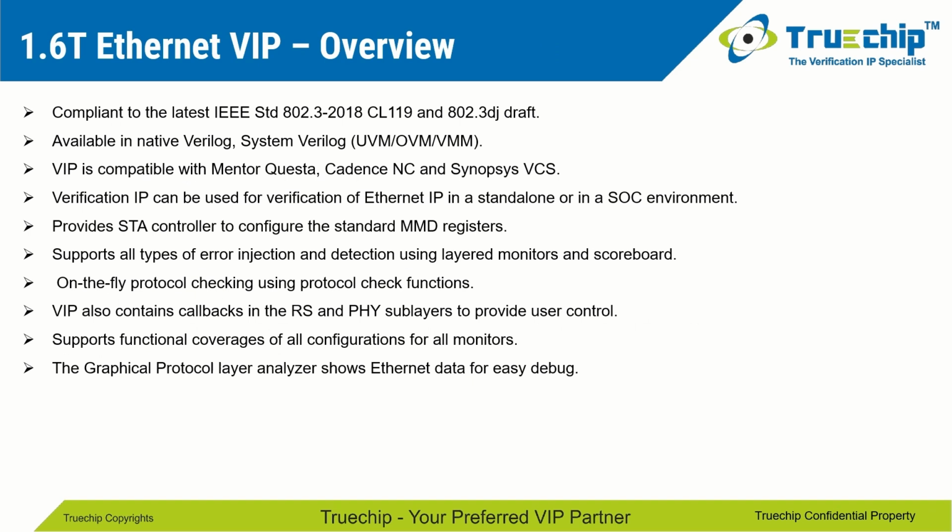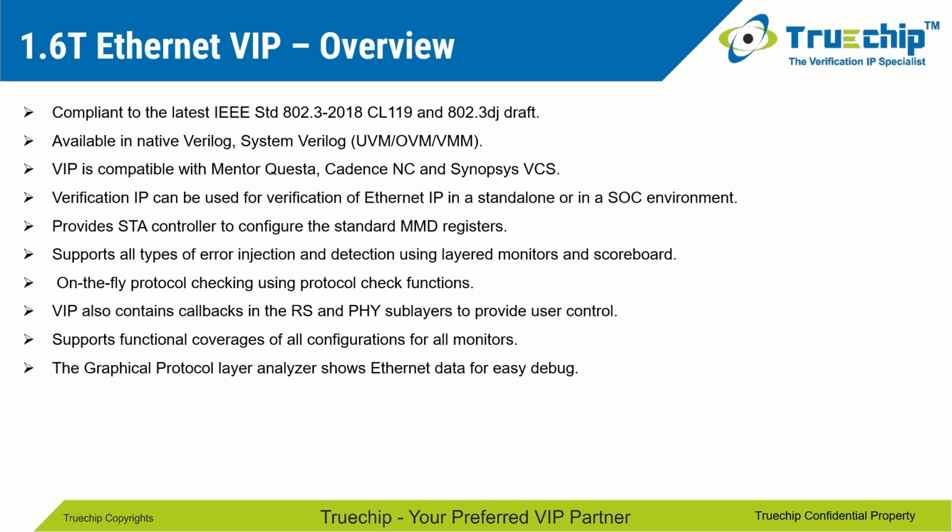Now, we can move forward to explore 1.6T Ethernet verification IP, starting with an overview. 1.6T Ethernet verification IP is compliant with IEEE 802.3 2018 Clause 119 and the latest IEEE 802.3 DJ draft, ensuring that it is at the cutting edge of the standard. The VIP is compatible with Mentor Questa, Cadence NC, and Synopsys VCS.